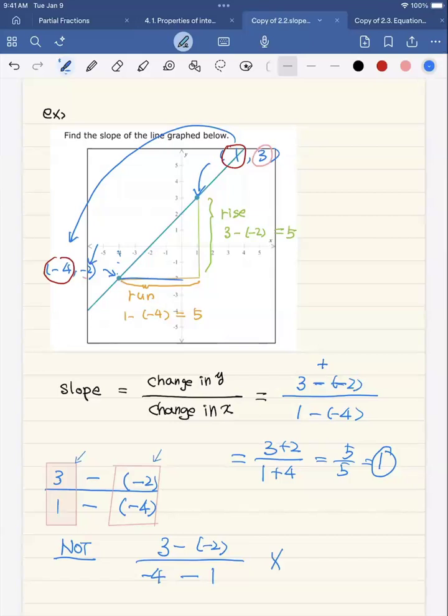So you have to be consistent in arranging the x and y in the first and second place. You can switch the order, but you have to be consistent vertically.